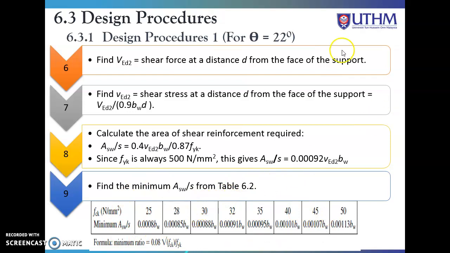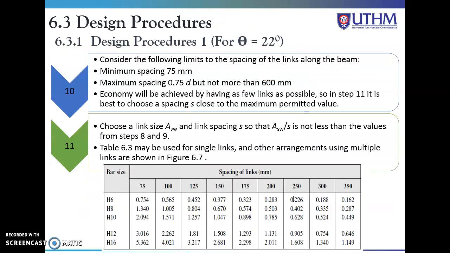So let's say the grade is 40. So the minimum ASW over S is 0.00101 BW. And then, right. So the next step is step number 10.